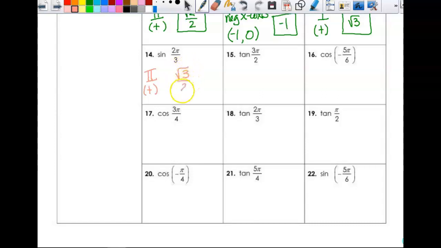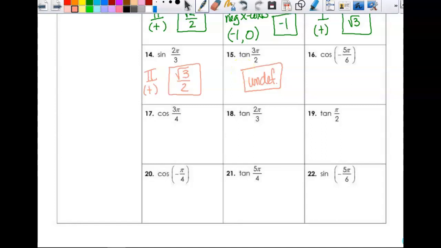Very good. Okay, do we agree with that? Yes? Awesome. All right. Brenda, what did you get for 15? Undefined. And what quadrant are we in? Very good. Quadrantal negative y-axis.